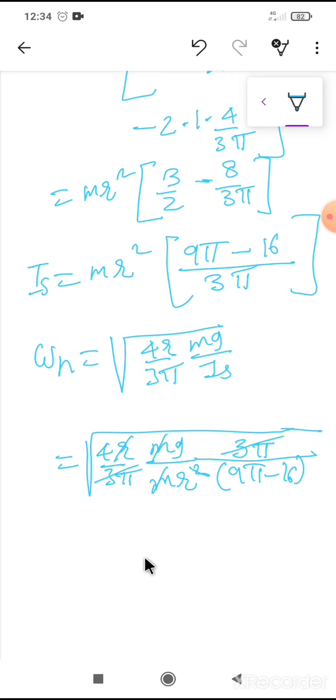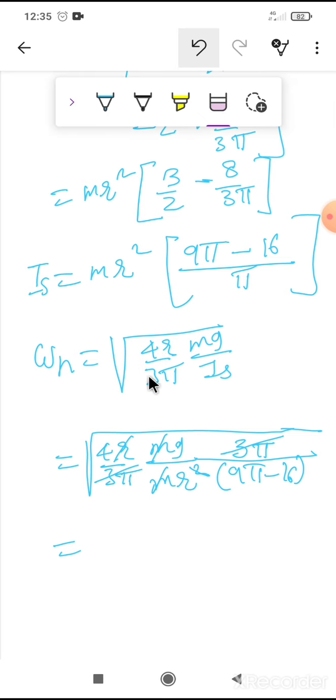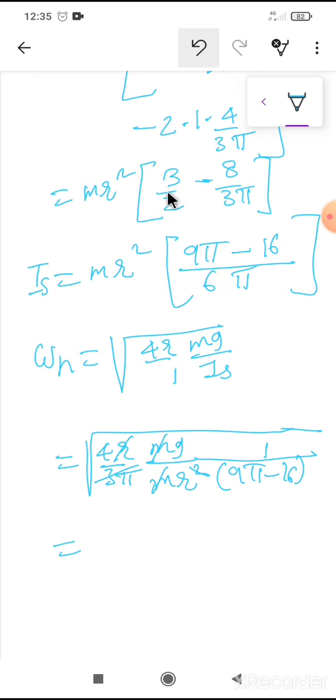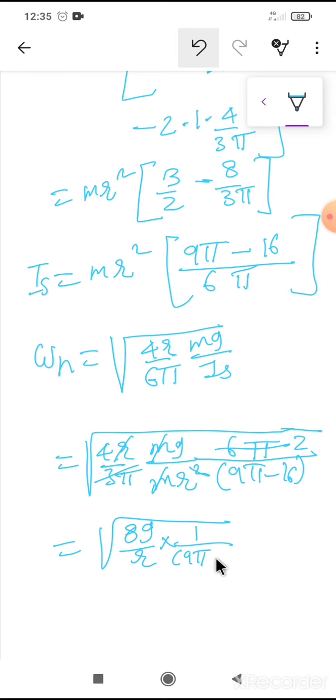Here we get 2, so the value will be the square root of 8g, and below, r into 9 pi minus 16.